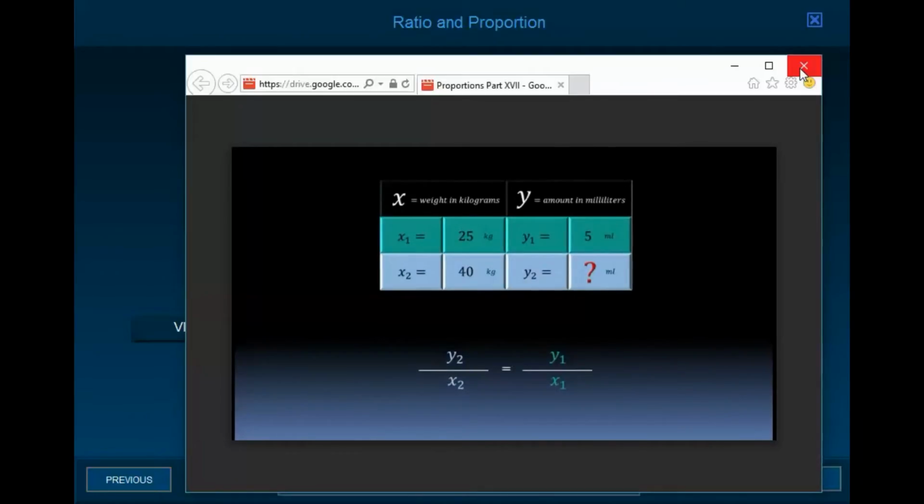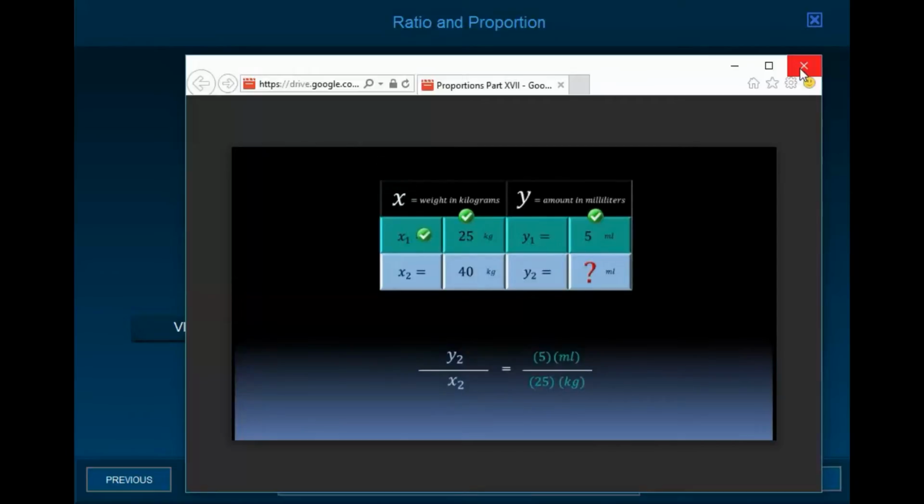We can use our proportion to solve this problem. Let's replace our variables in the proportion with our values from the problem. First of all, x sub 1 is 25 kilograms, and we replace x sub 1 with the value 25 kilograms. Y sub 1 is 5 milliliters, and we replace y sub 1 with 5 milliliters.